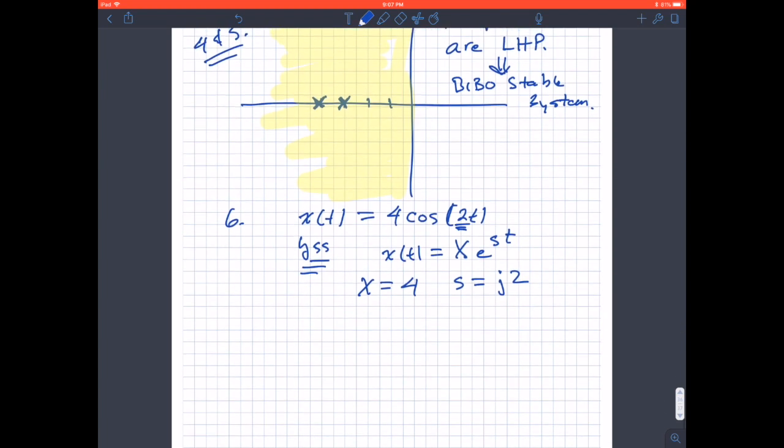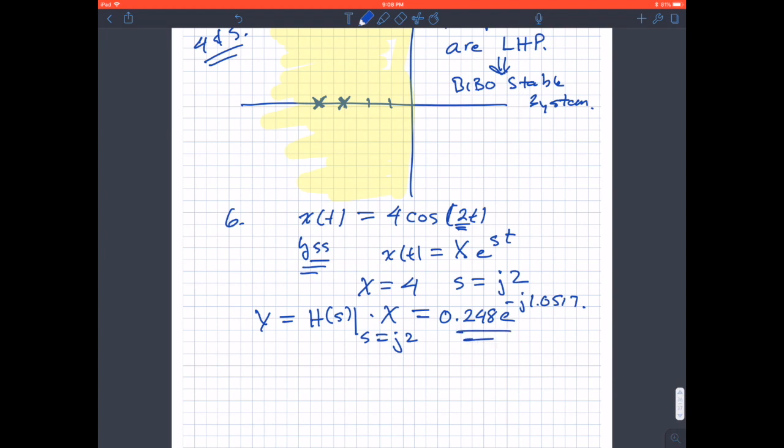All right, from there we know that capital Y is H of s evaluated at s equals j2 times X. If I put this in radian mode in my calculator and plug this in, I get the answer looking like 0.248 e to the j minus 1.0517.